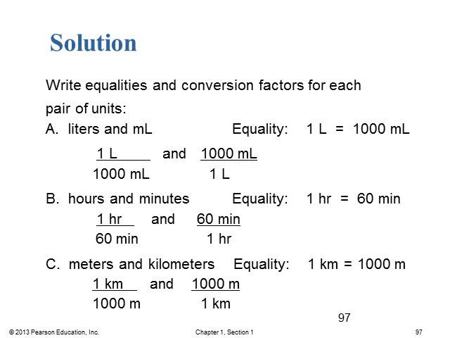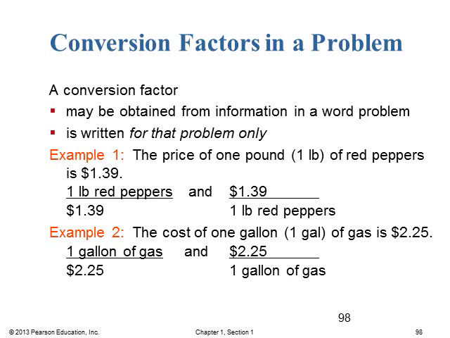All right, so that kind of works it out for you and breaks it down. A conversion factor sometimes is not a standard conversion. Sometimes you have to use these things from the problem itself, and it may be given to you.